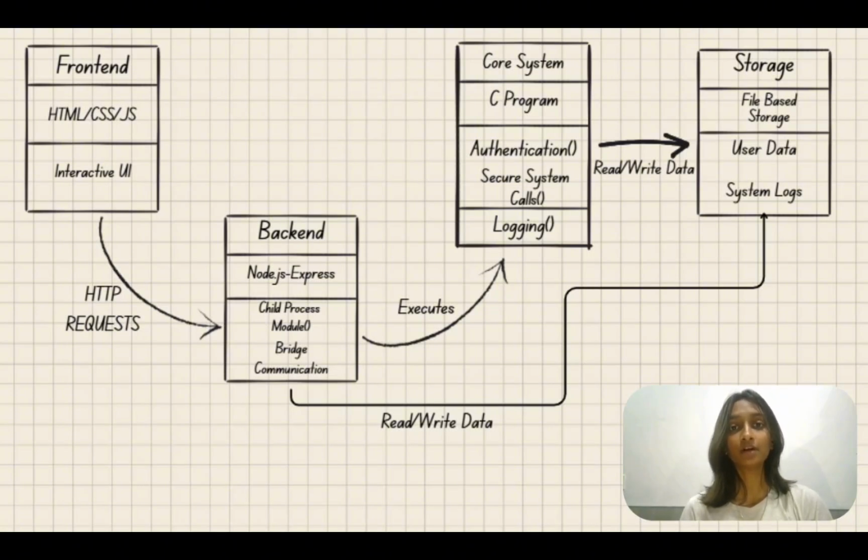For the frontend, we have used HTML, CSS, and JavaScript, which provide an interactive user interface. The backend uses the child process module to execute the C program securely. Data is stored using file-based storage, including the user data and system logs. Overall, this architecture helps simulate how a real-world operating system manages secure system calls.